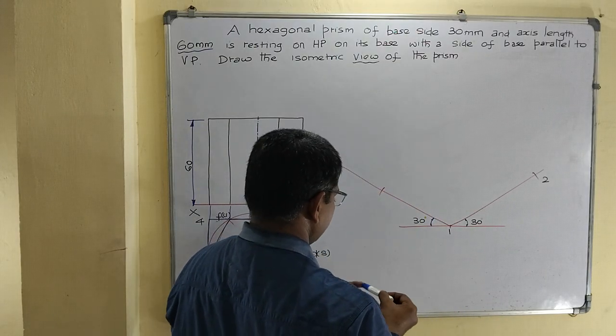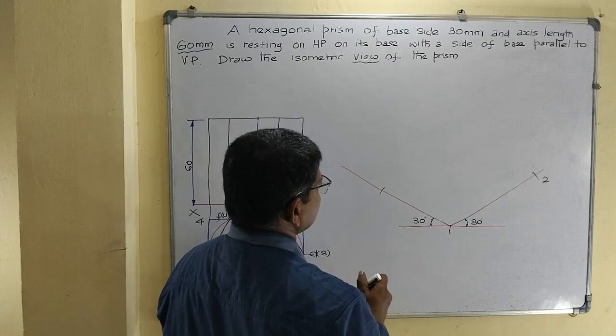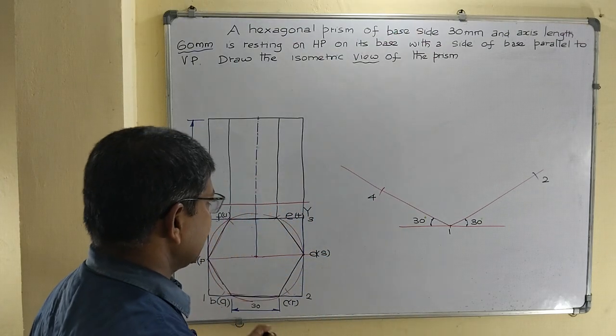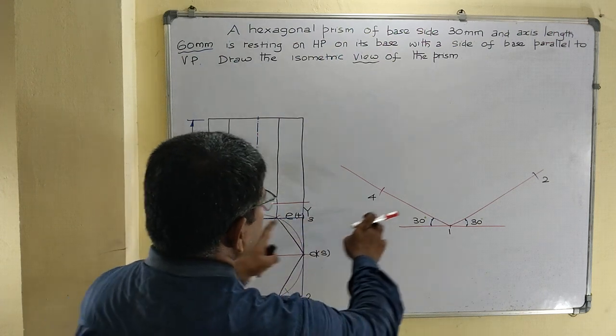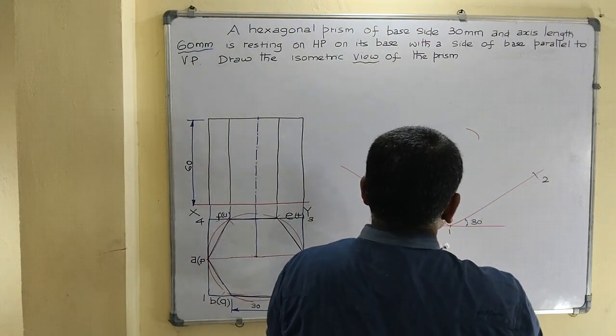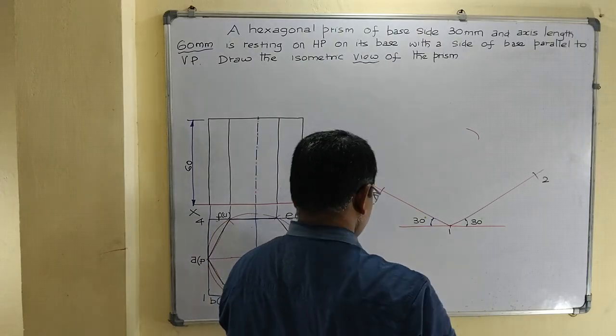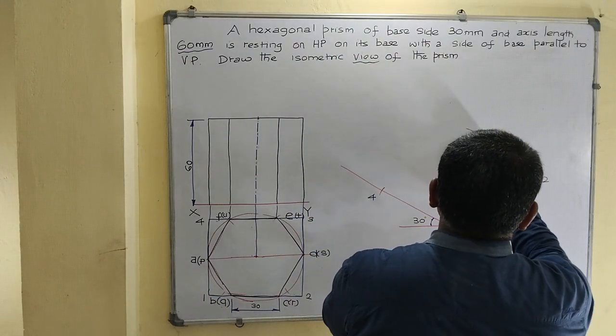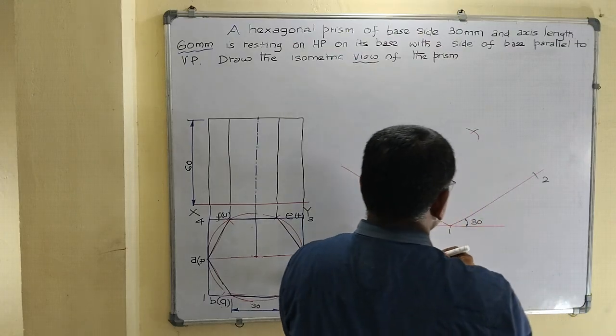Then take the 4 to 3 distance as radius and draw the arc, and then the 2 to 3 distance as radius, draw the arc. The intersecting point is 3.